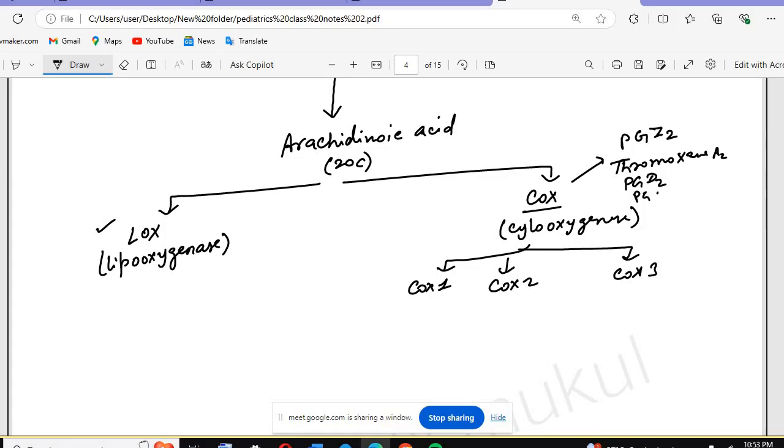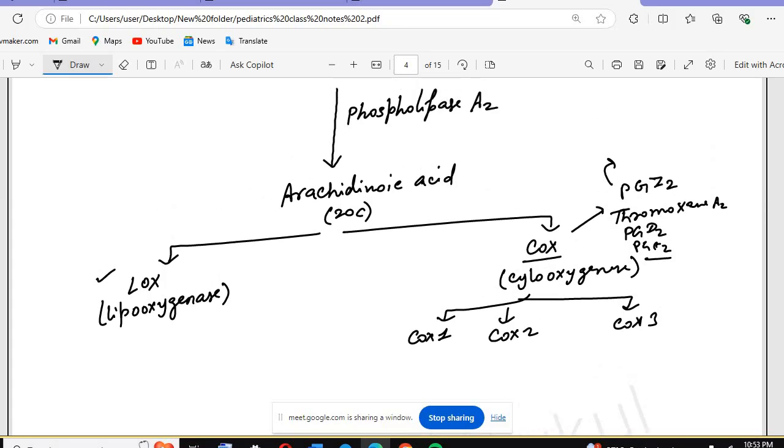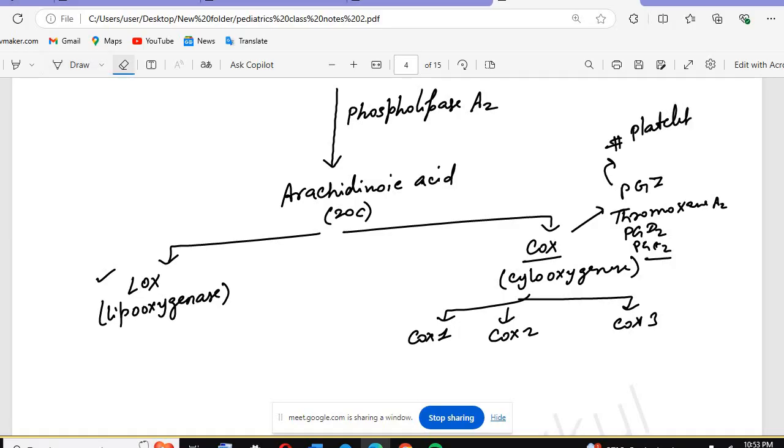These are the prostaglandins formed. Now the function of prostaglandin I2: PGI2 inhibits platelet aggregation. Let me write it here, otherwise you get confused.